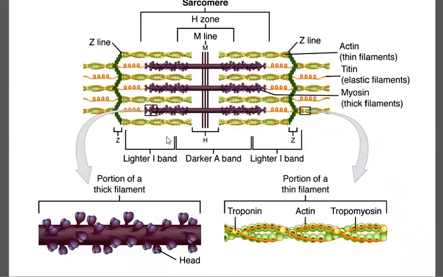The area around the H zone is known as the A band, which is darker, and the area around the Z line is known as the I band, which is the lighter area.